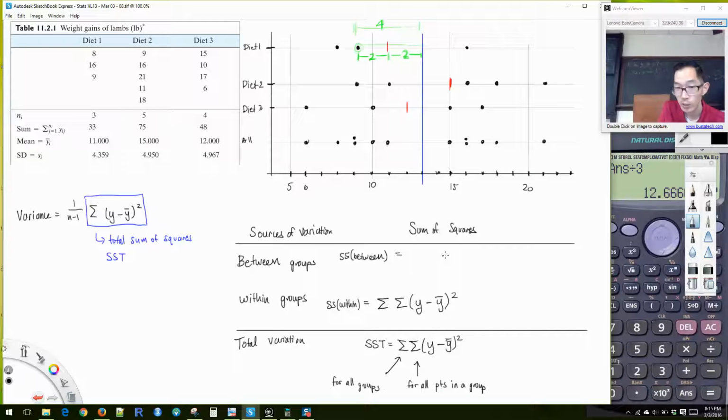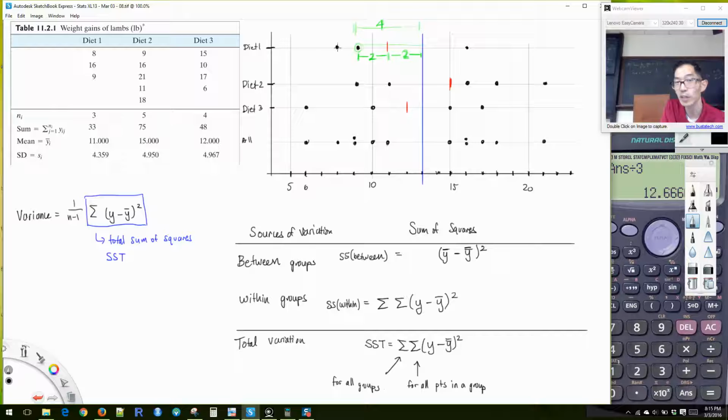So we take the group mean y bar and subtract off the grand mean y double bar. The group mean is 2 units lower than the grand mean, and we take that difference and square it. This group has a group mean that's 2 units lower than the grand mean.